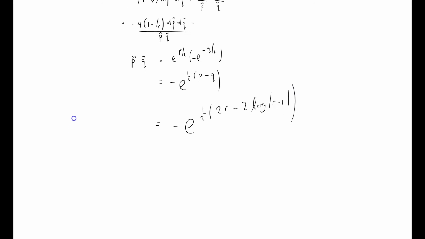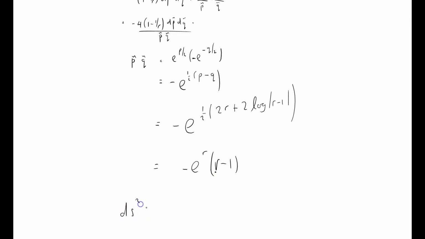That equals minus e to the half of 2r minus 2 log mod r minus 1, which equals minus e to the r times r minus 1. There we go. That's quite nice, isn't it? So now I can substitute into this formula here.